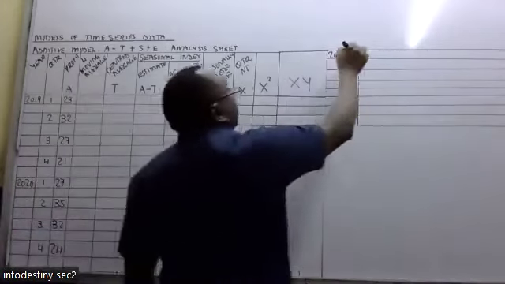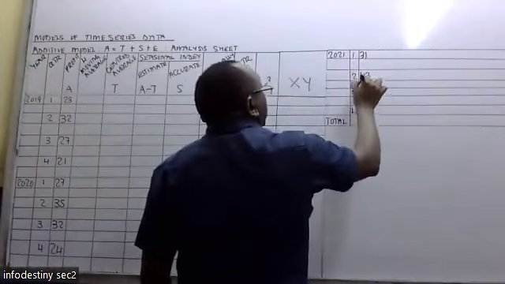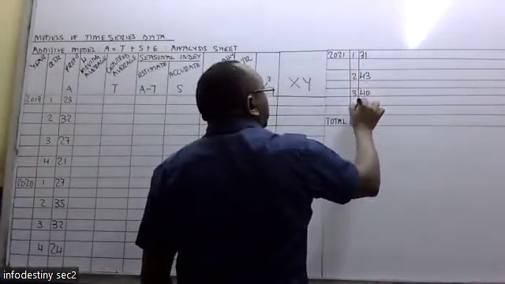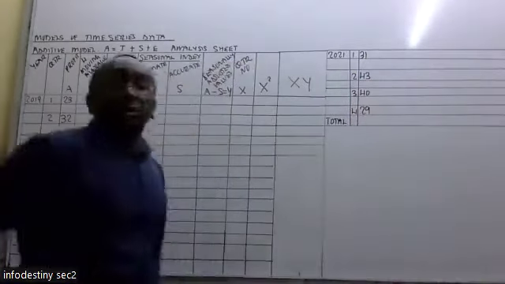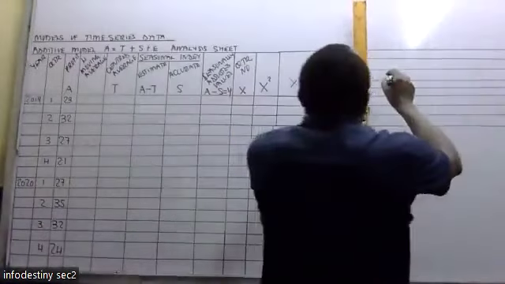Then 2021, 31, 43, 40, 29. Good. So they are recorded in the same way as we skip lines.